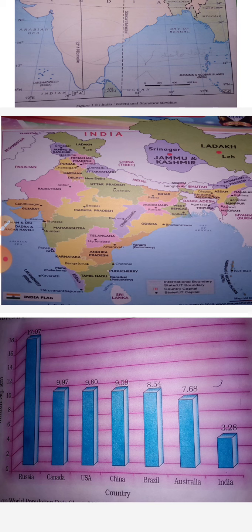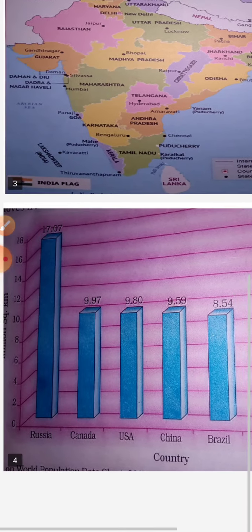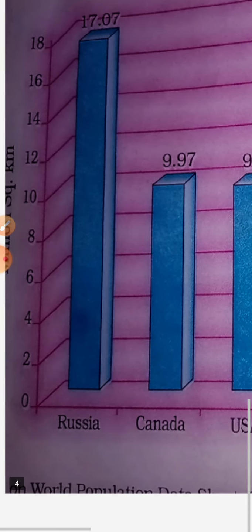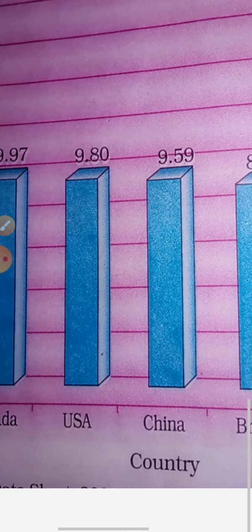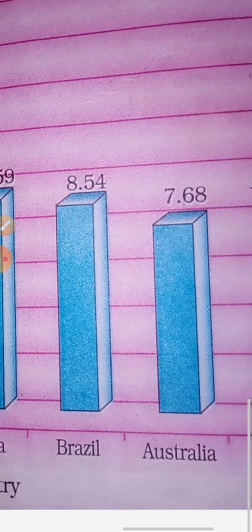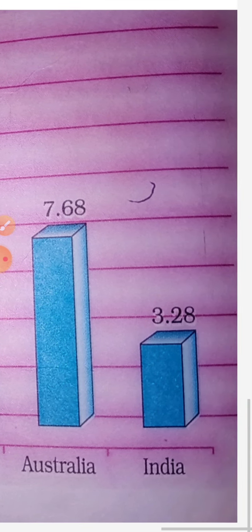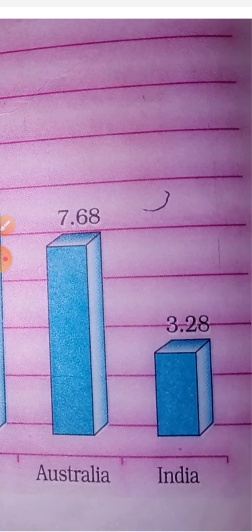So there are 6 countries which are larger in size than our country: Russia, Canada, USA, China, Brazil and Australia, and our country has the 7th position.